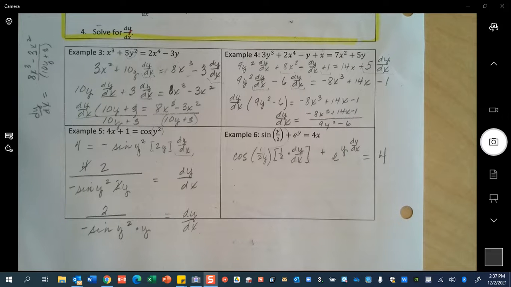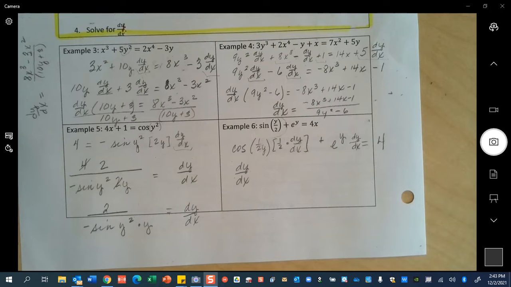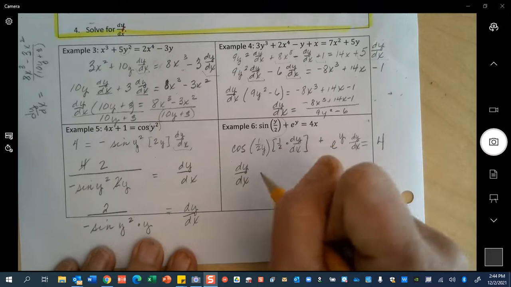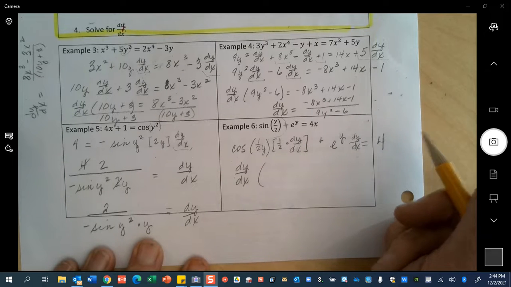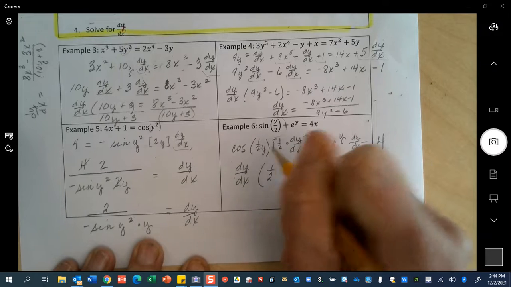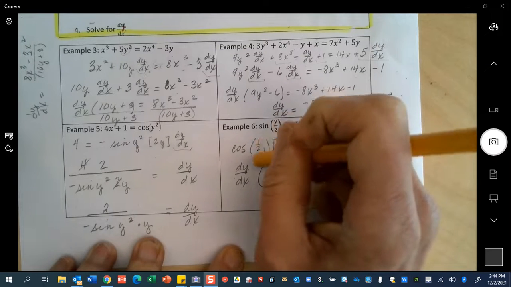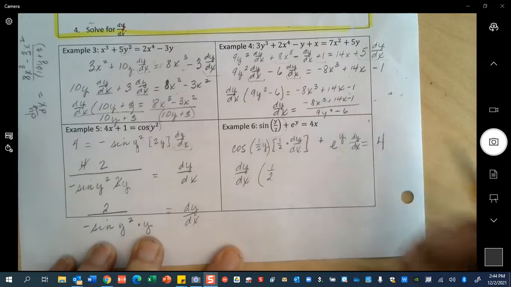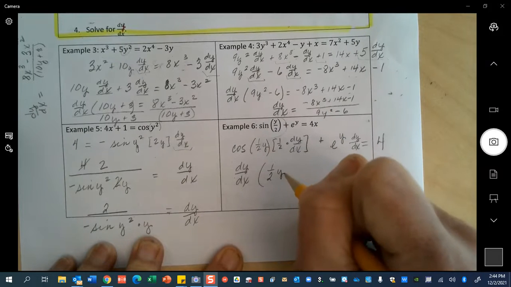How about that bad boy? So when I factor out this dy/dx, what I'm left with inside, and I can pull out this coefficient, and we want to make sure that Kara and I were talking. She was like, I don't understand why y is in the denominator. It's not. It's 1/2 y.